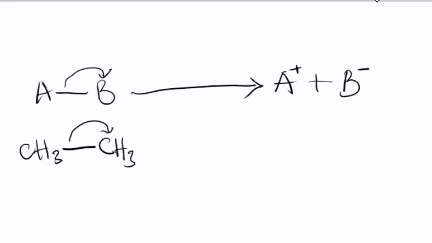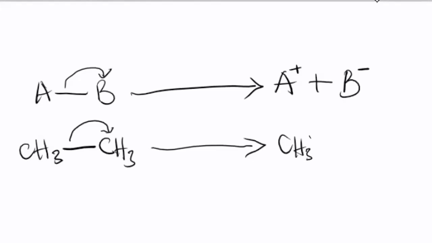That's the bonding electron has to go to one, and then the product formed will be such that we have this plus this. So this is a carbocation and this is a carbanion.